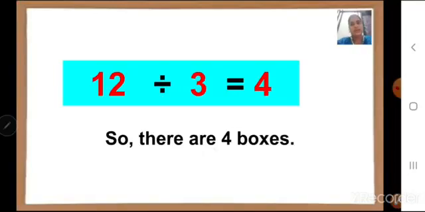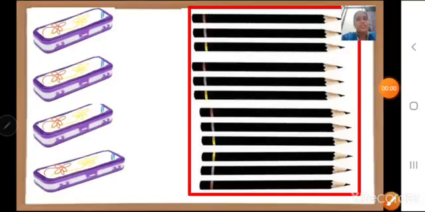This is one more scenario. Now children, let us see one more situation. Okay, here they have given that there are 4 pencil boxes, and there are 12 pencils. We have to find out how many pencils are there in each box. How will we do this?